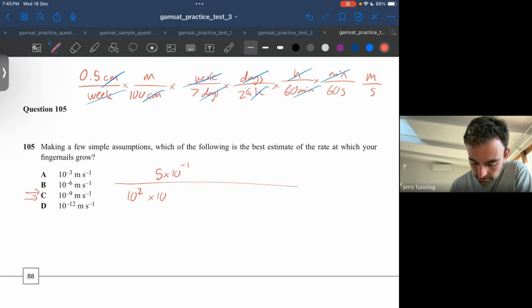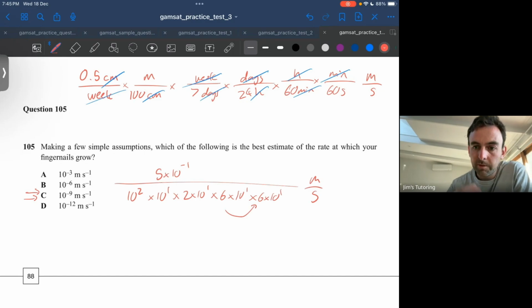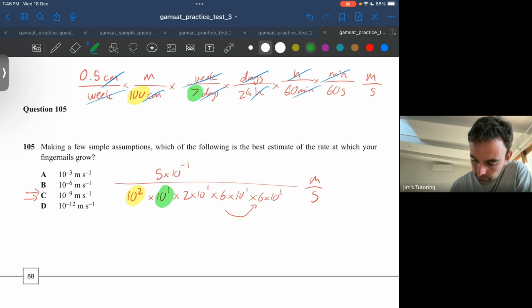I'm just going to change the 7 to a 10, and the 24 into 20. Then I'm going to leave these as 60 for now, because I can see that I'm going to be able to multiply 6 by 6. It's all about spotting patterns in the maths. I'll highlight these so you can see what kind of inaccurate maths I'm doing.